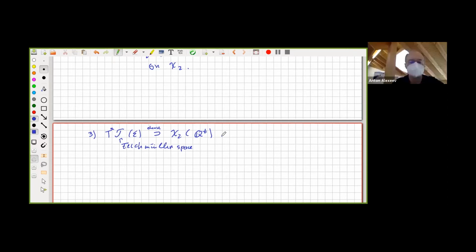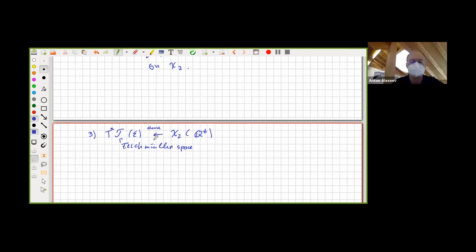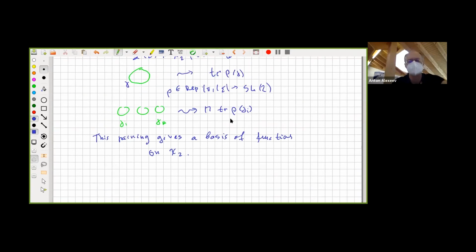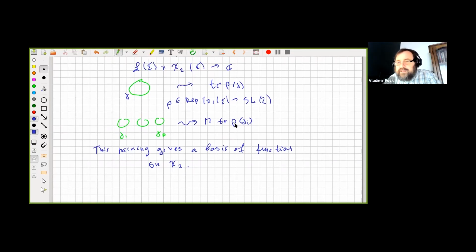Sorry, maybe I should ask more about the relations between those Goldman functions for SO2. I think there are probably many relations. I don't quite remember. Excuse me, could you repeat the question? I didn't hear the end of the question. You say it gives a basis, but I thought between Goldman functions there are relations.